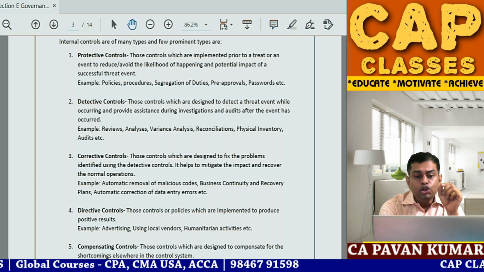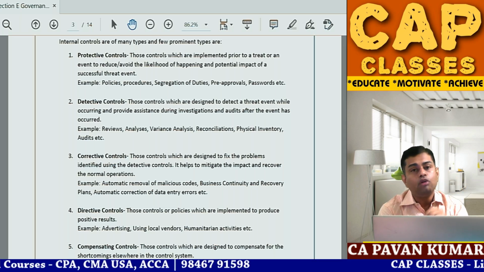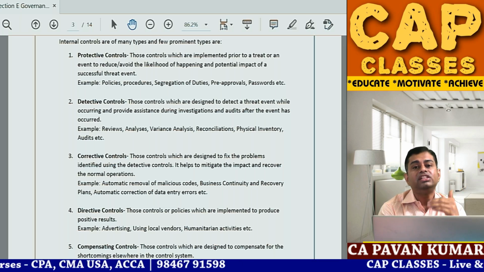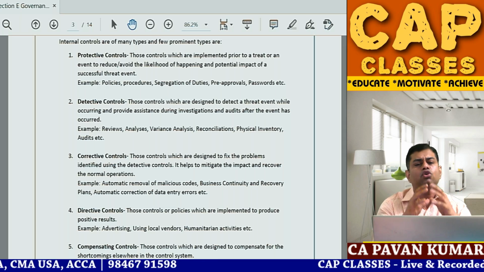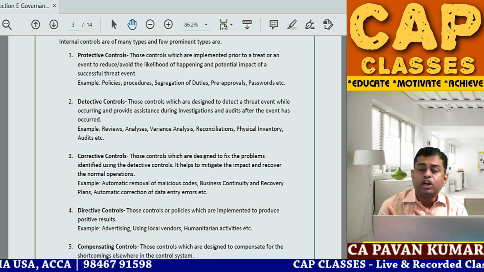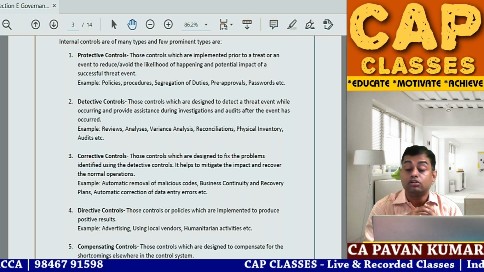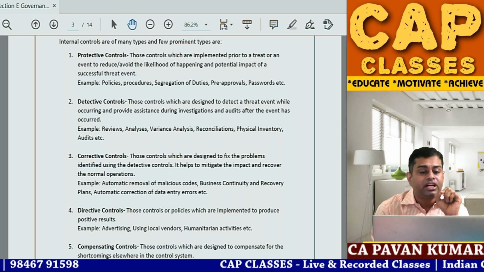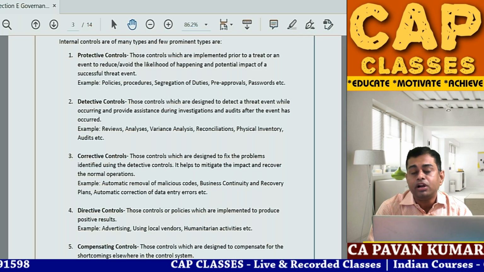Now you have to read these 5 paras. That is your today's homework. Next class we will start with the explanation of the various types of controls. I'll give so many examples for protective controls, detective controls, corrective controls, directive controls, compensating controls, because MCQs are expected to be asked from this area, one of the very important areas from the exam point of view.